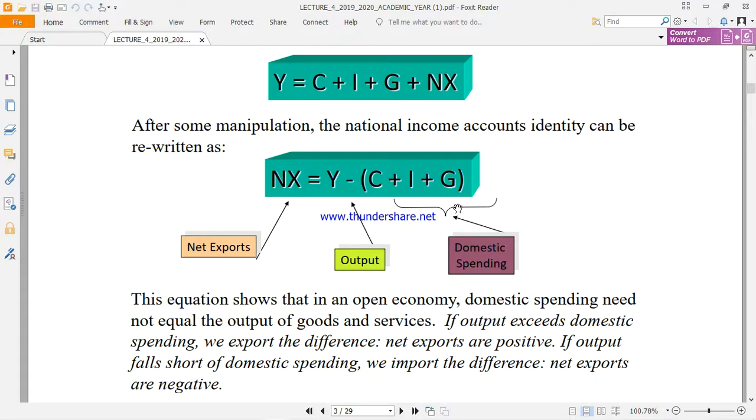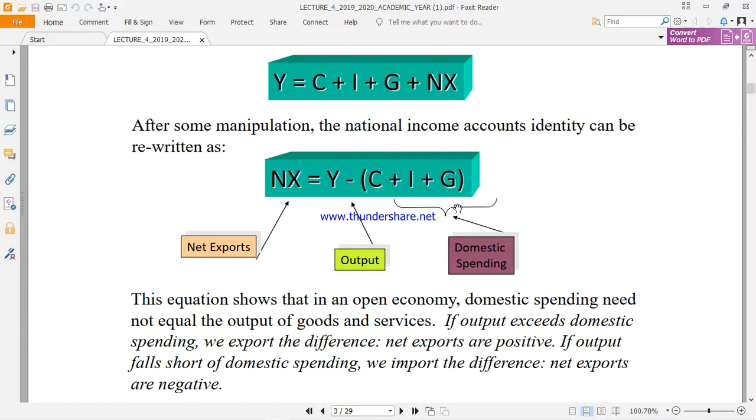Now, if output falls short of domestic spending, meaning that our supply is less than demand, what we have produced is not enough to cater for the domestic spending. Then for us to make sure that demand equals supply, we will be forced to import, so that we meet domestic demand.